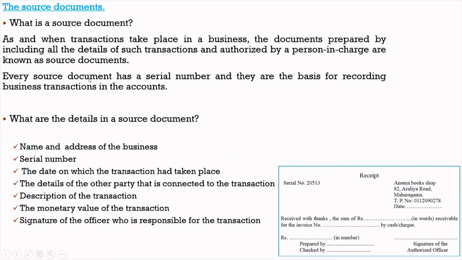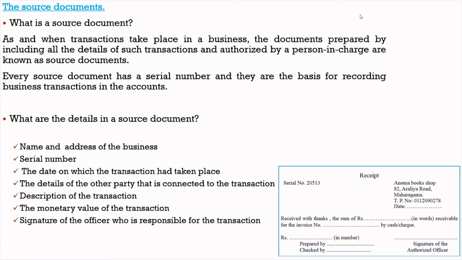Every source document has a serial number, the number given here, and they are the basis for recording business transactions in accounts. So what are the details in these source documents?